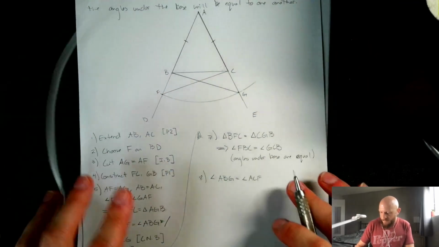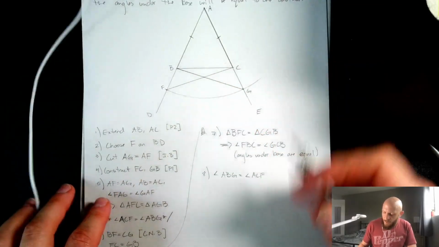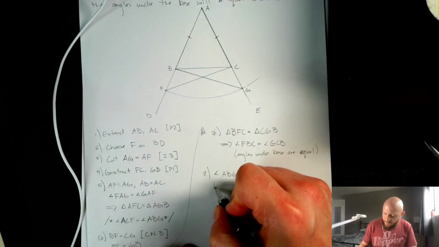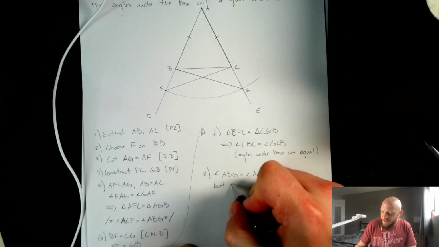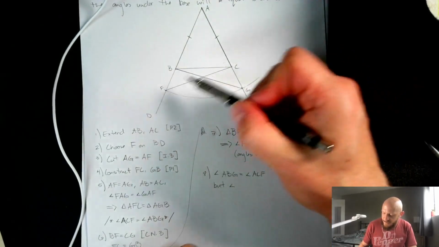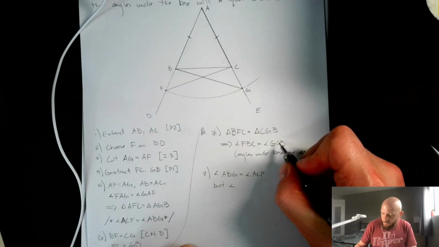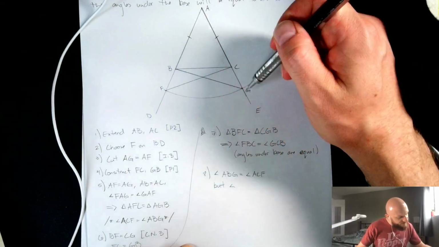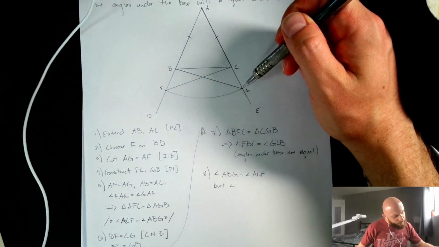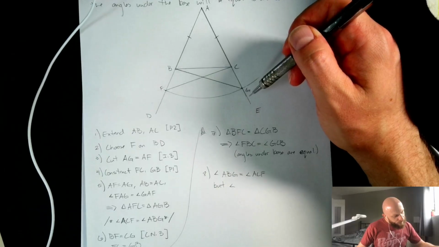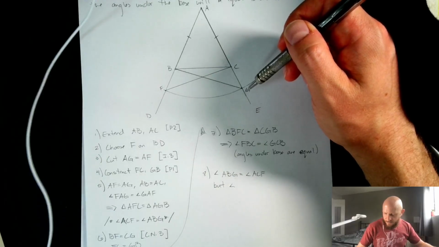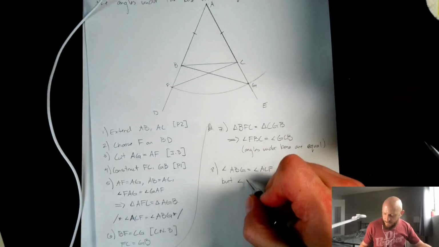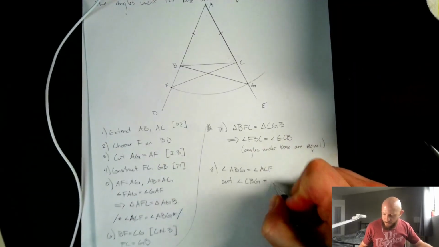Same thing on the other side. We've said that those are equal, but we also know from this last step that angle CBG is equal to angle BCF.